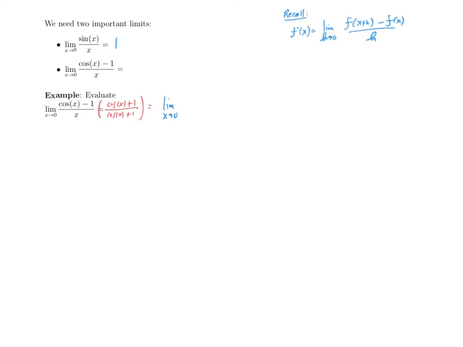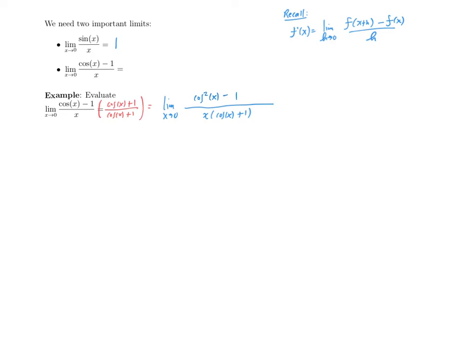So assuming you've done that, when I multiply everything out, in the bottom we would have x times cosine x plus 1. We're kind of stuck with that for the moment. And then in the top, remember when you multiply two conjugates together, you get a difference of squares. So we get the first thing squared, cosine squared x, and we subtract away the second thing squared, 1.